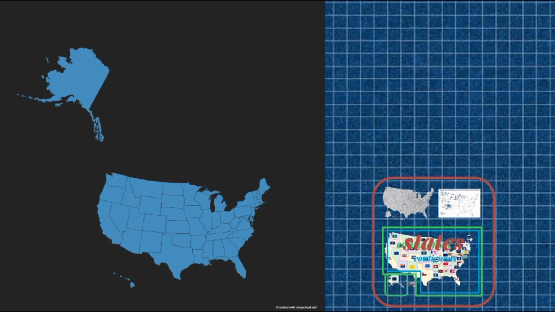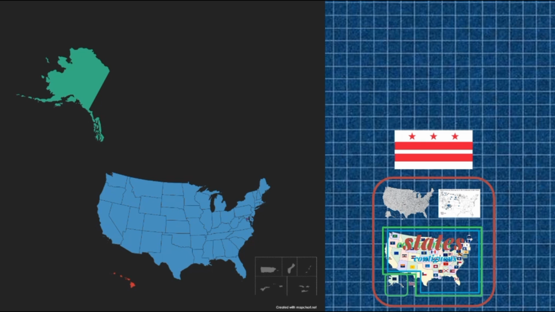Another thing the US has are districts. Currently, there's only one, although there used to be more. And this district is called the District of Columbia. You may recognize it because it's the DC in Washington, D.C., the nation's capital.